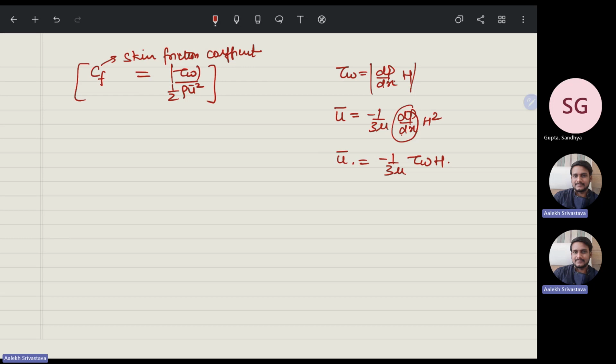Now we can simply put tau wall mod by half of rho into u bar square.